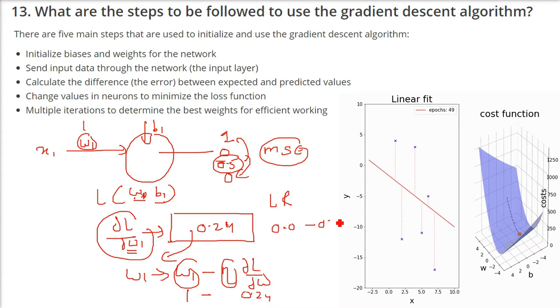Here eta is the learning rate, between 0.0 and 0.1. You are changing the weight because you want optimization. There is a concept of local minima and local maxima, and you don't want a local minima. Gradient descent is only about finding the slope and taking you to the exact point where it should be.